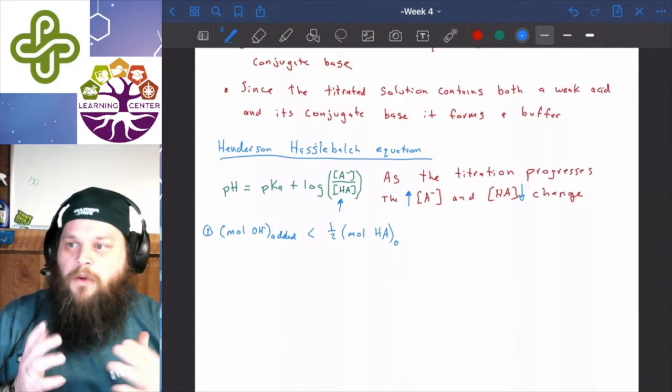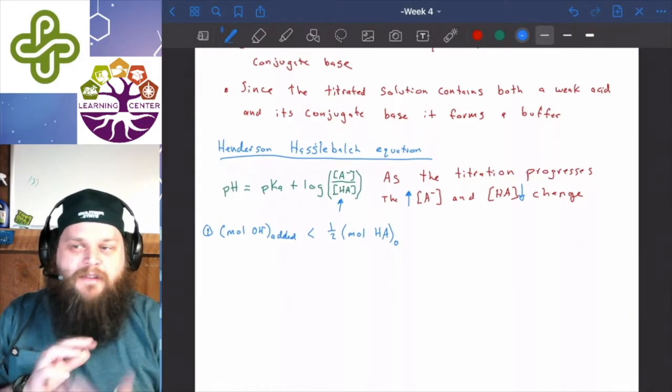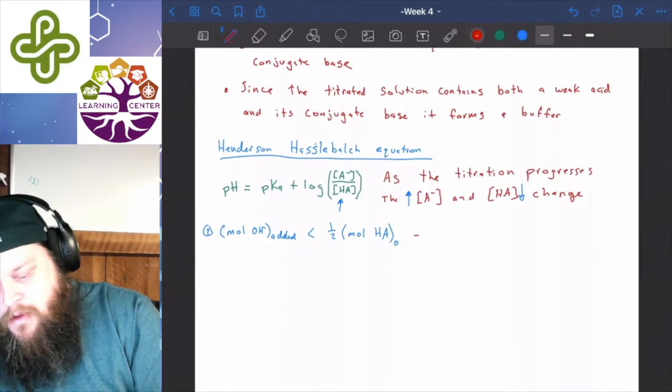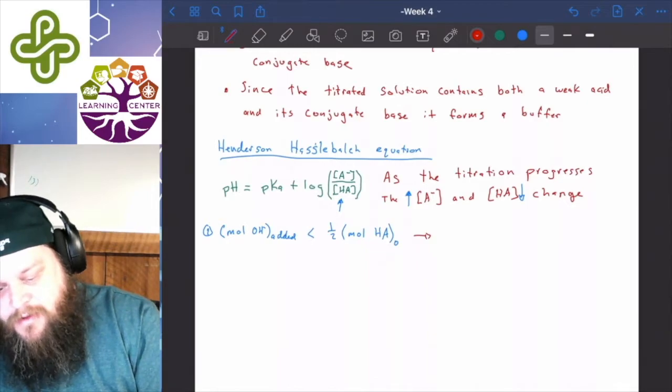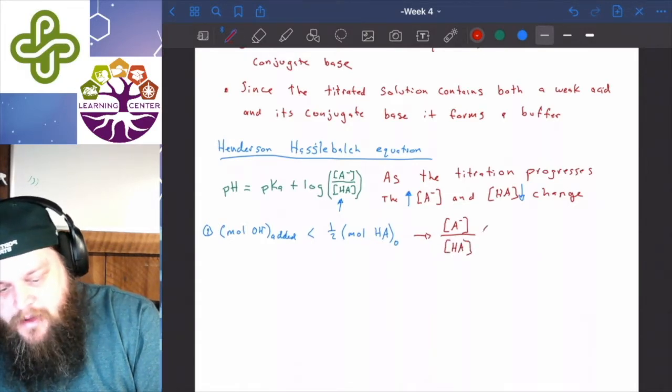So if you add so many moles of sodium hydroxide, and that's less than half of the moles of the weak acid that you started with, you get a situation where this ratio of the concentration of the base over the concentration of the acid is going to be less than 1.